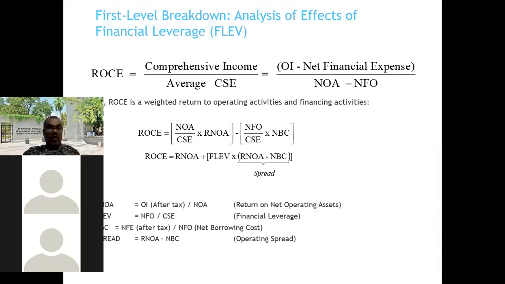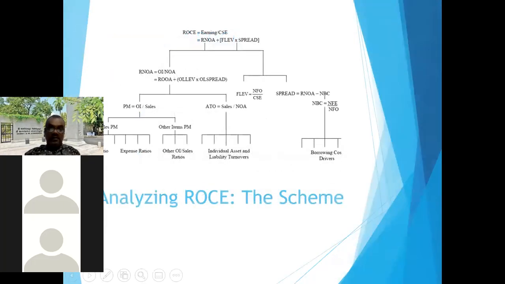Whatever, this breakdown is important. Return on equity is further explained in this manner: return on net operating assets, and financial leverage into spread. That was the one I explained here on top.